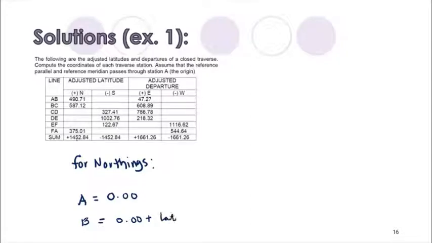A is stated to be at the origin, so A is 0.00. Then B is equal to the northings of the previous station plus the latitude of AB, which is 0.00 plus 490.71.